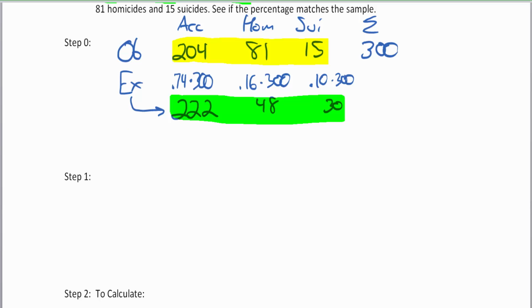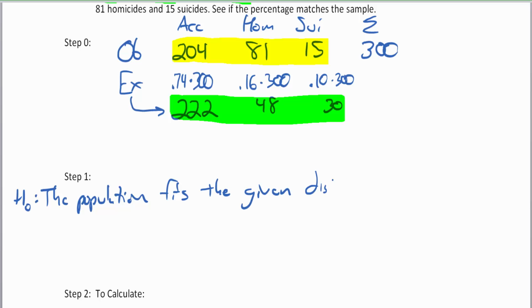Our null hypothesis, realizing that this is a goodness of fit test and it's not a test that is dealing with a preference or no preference, is saying the population fits the given distribution of gun statistics. I'll just abbreviate that, stats. So that's the null hypothesis.